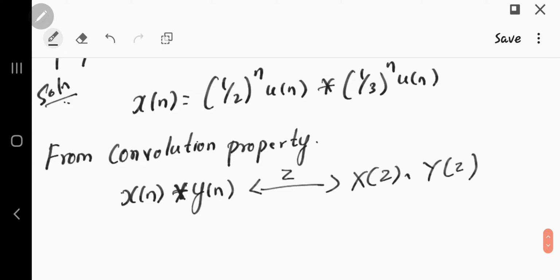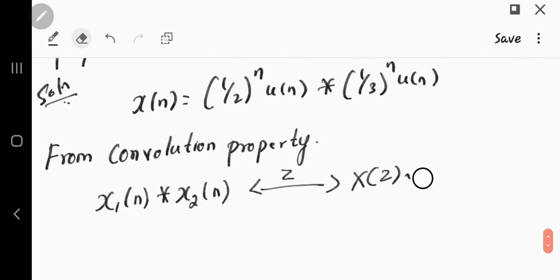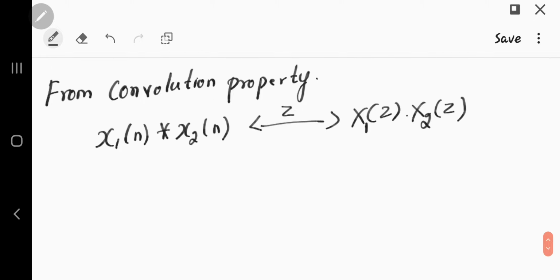Now here we don't have that, we have x of n. So let's rename this into this form. It is x1[n] convolved with x2[n] should give us X1(z) into X2(z). So therefore, what is x1 of n?